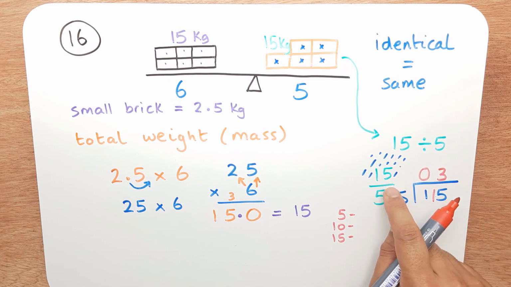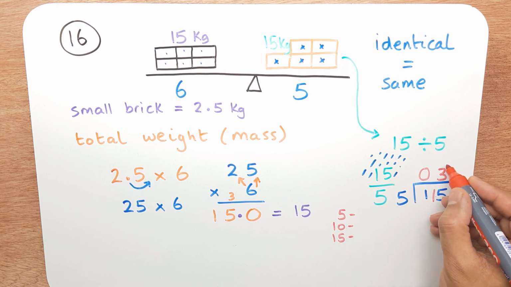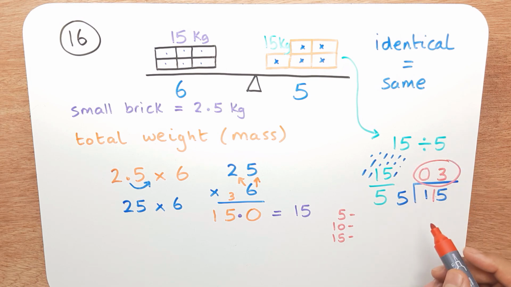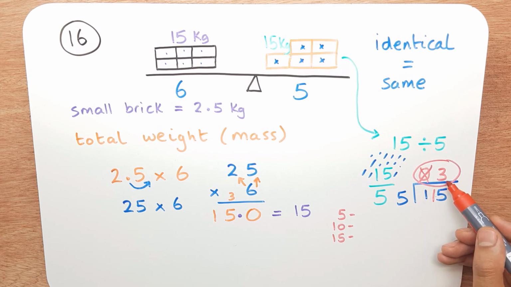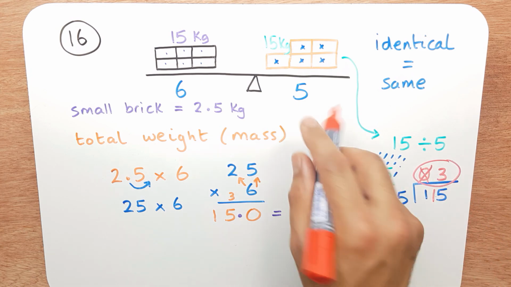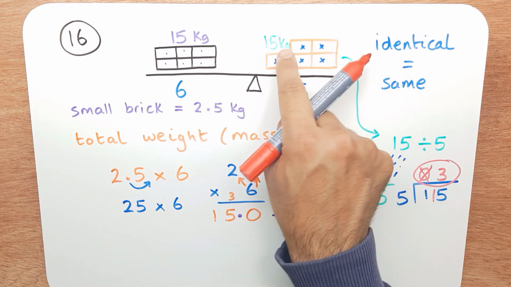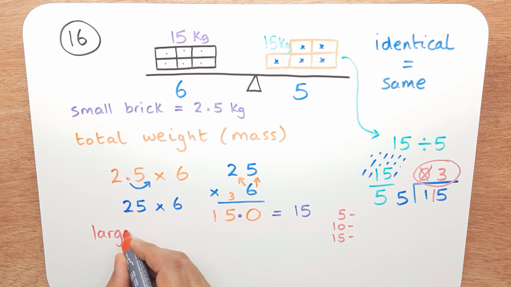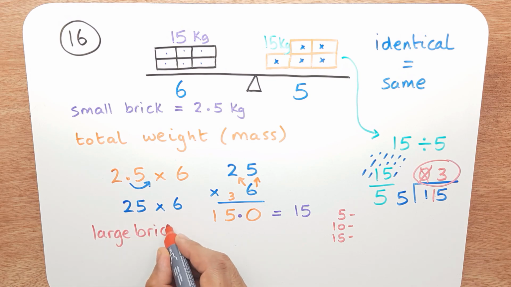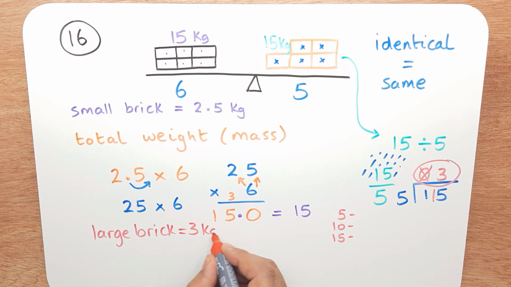So 15 divided by 5 is 3. And because this is a leading 0, we can ignore this. So our answer is 3. So now I know each large brick is 3 kilograms each.